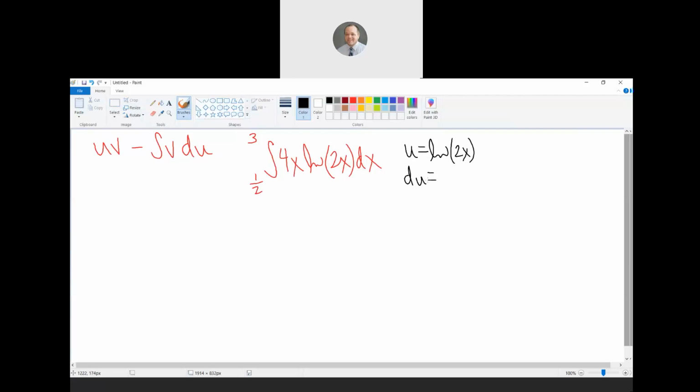The derivative of natural log of 2x is 1 over 2x times the derivative of 2x. The derivative of 2x is 2. And while we're at it, we can cancel out the 2's. So du is equal to 1 over x times dx.